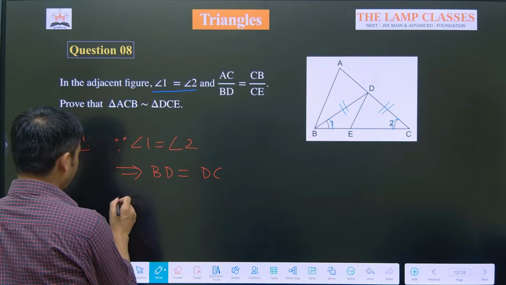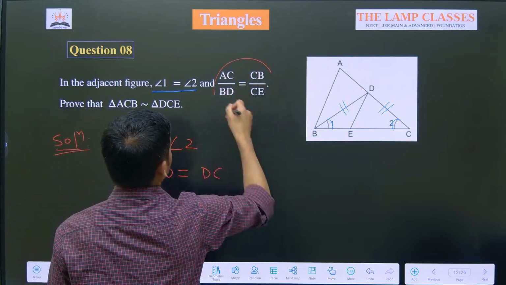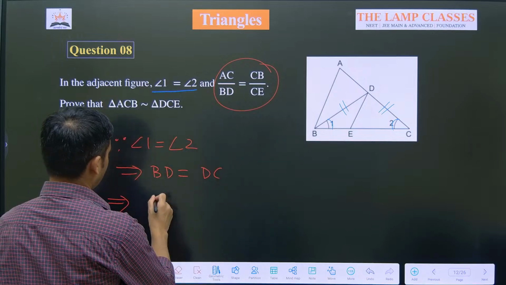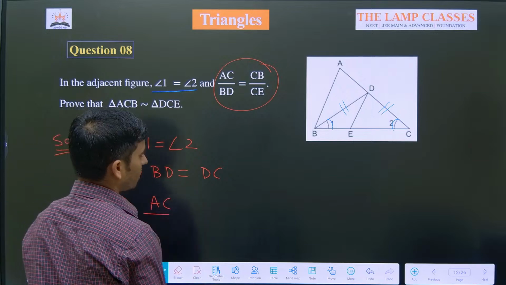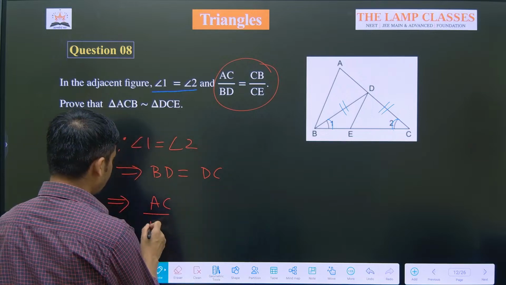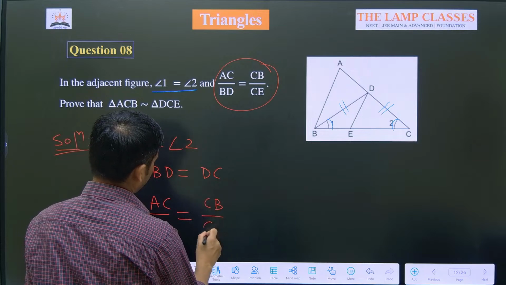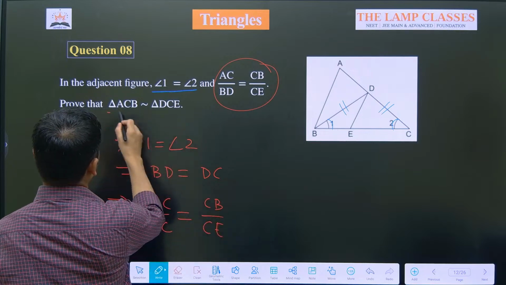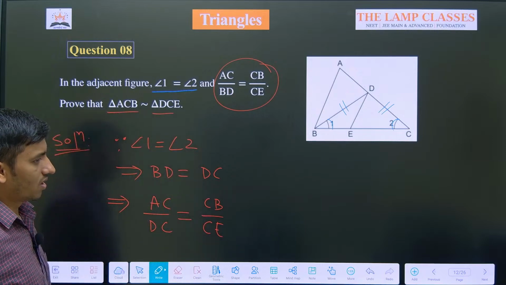And they have given the information AC upon BD. Can we replace BD by DC here? CB upon CE. They are asking you to prove this triangle and this triangle similar. Can we check it now?